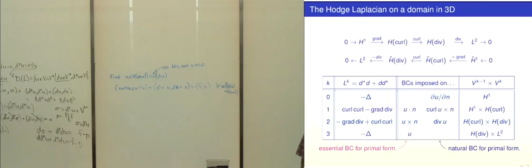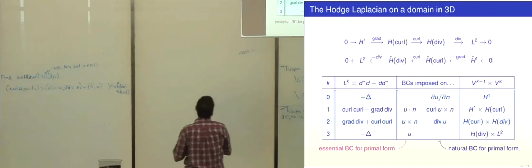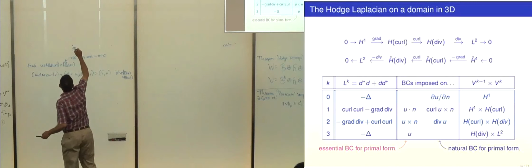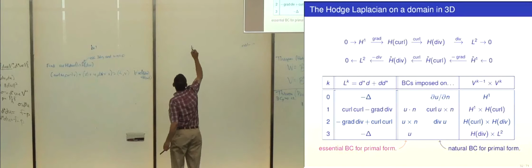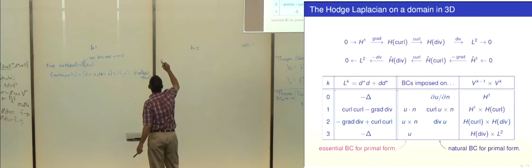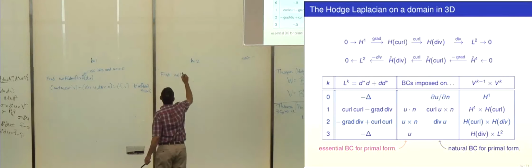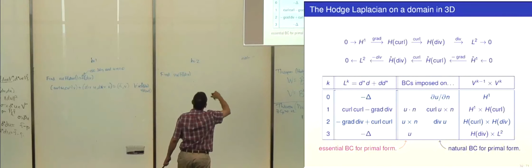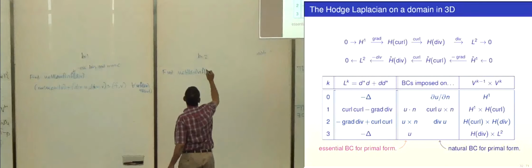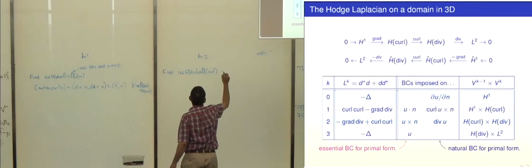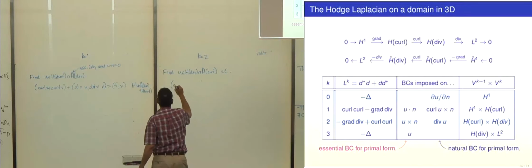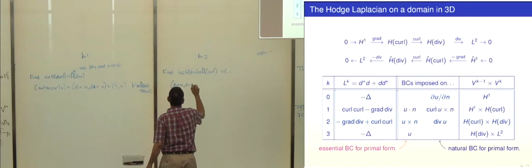What about the next one? So this is k equals 1. Here's k equals 2. Then we're trying to find u in H div intersect H0 curl, such that now the d operator is div: div u, div v.